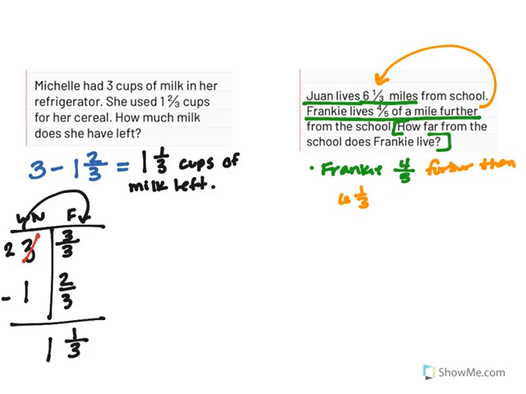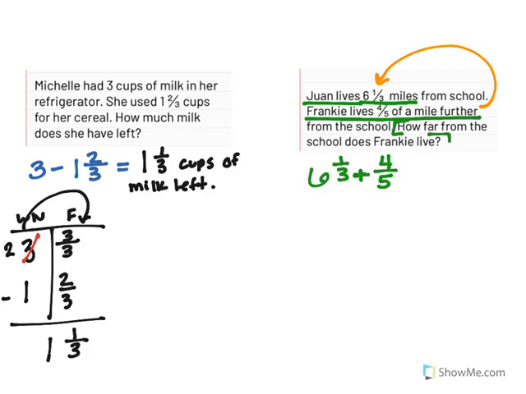If I want to know how far Frankie lives, I'm going to take Juan's distance from school, 6 1/3, and add 4/5 of a mile further. We're adding on more distance because Frankie lives further away. So we have 6 1/3 plus 4/5.